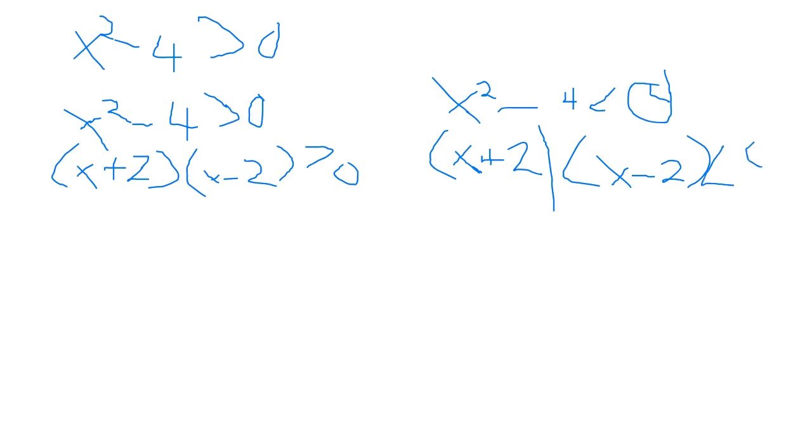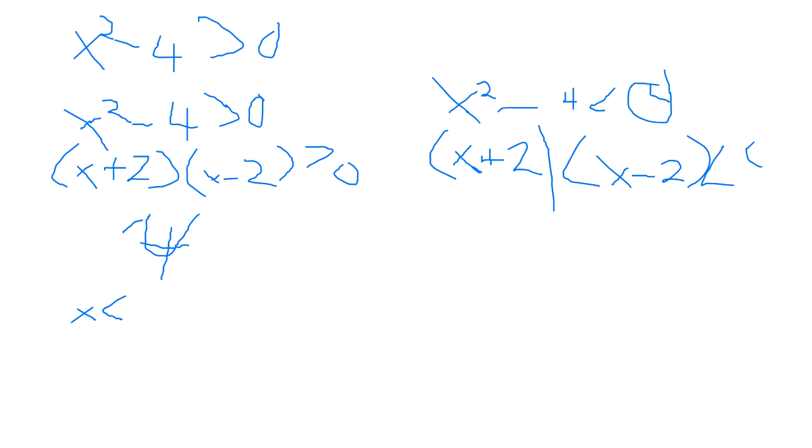Now here, if you draw the number line, it will be like this. Have you seen that? So greater than will be here and here. You can also use the table method anyway. You can have x less than negative 2 and x greater than 2.